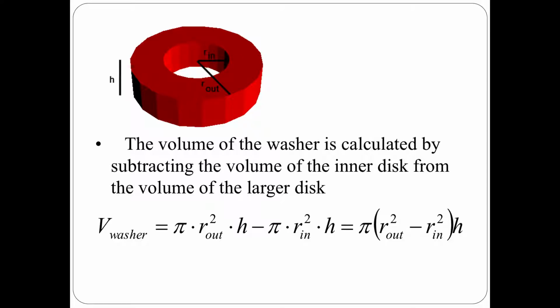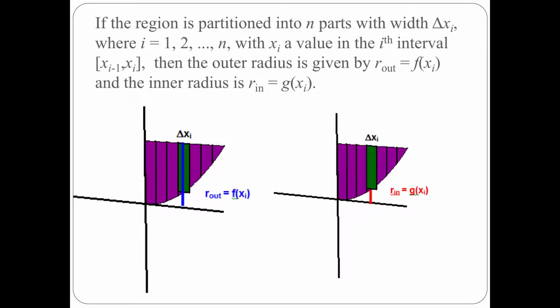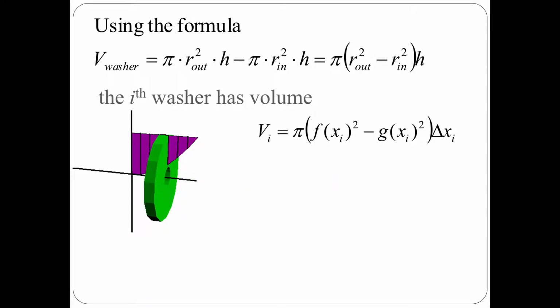Now, back to our region that we make into rectangles. Like Joe just said, the thickness of those rectangles is dx. That tells us we're integrating with respect to x, but that thickness is just the change in x as we go along through that region. So when we make our volume, we can change that height to dx, and our radii are really the distance from our axis of rotation.